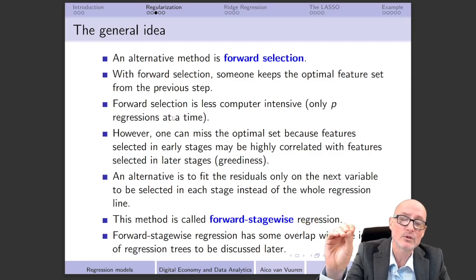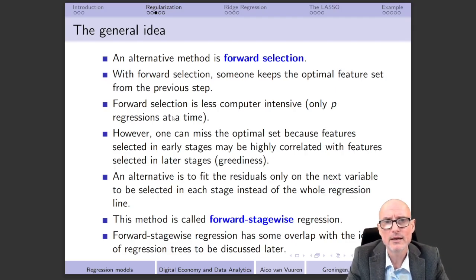If alpha is equal to 2, it's going to be 49. Alpha equal to 3, it's going to be 48, etc. So in fact, the number of regressions that you have to do decreases with alpha. And that's not the case when we look at best subset selection.